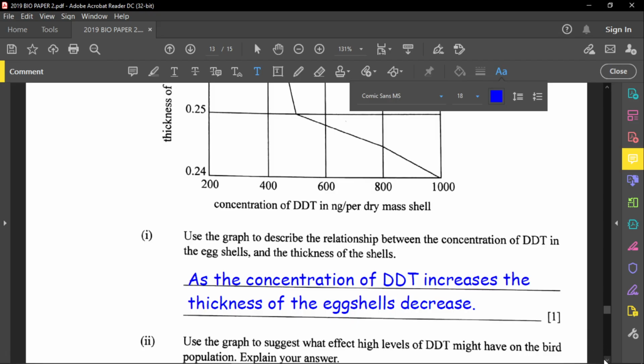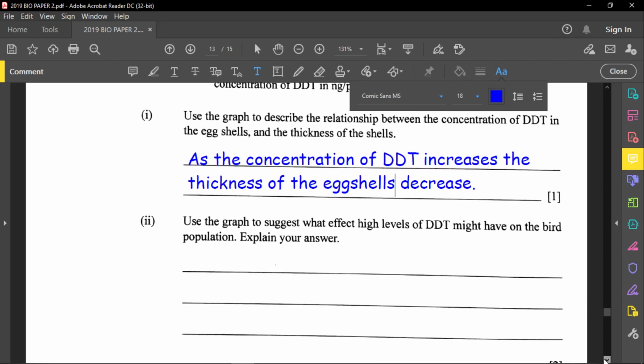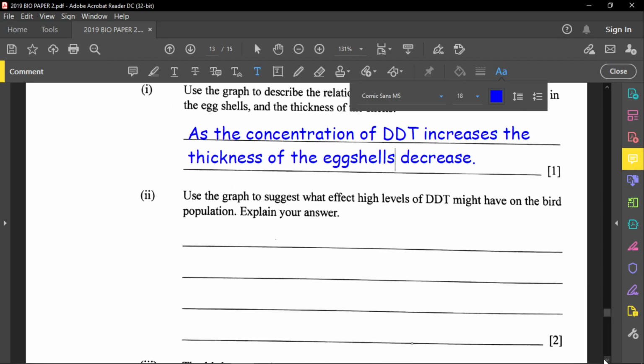Now, the next part says use a graph to suggest what effect high levels of DDT might have on the bird population. Explain the answer. As we established in the previous part, if the concentration of DDT increases, the thickness of the eggshell decreases.